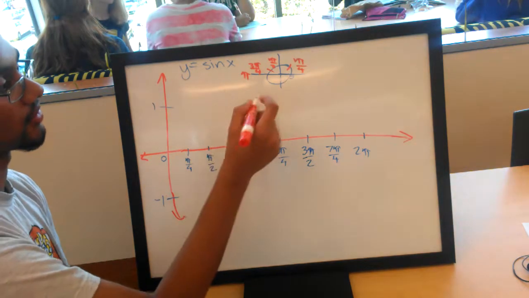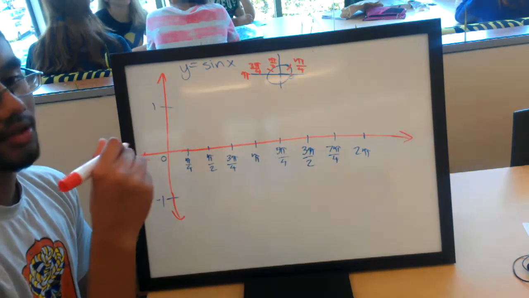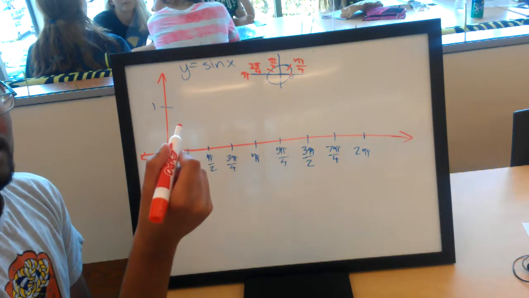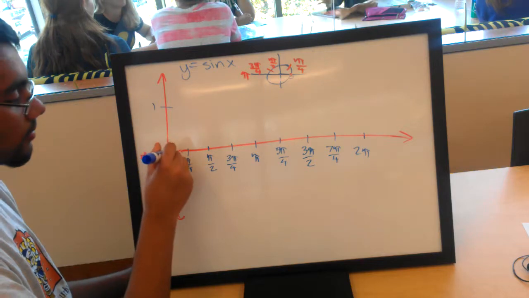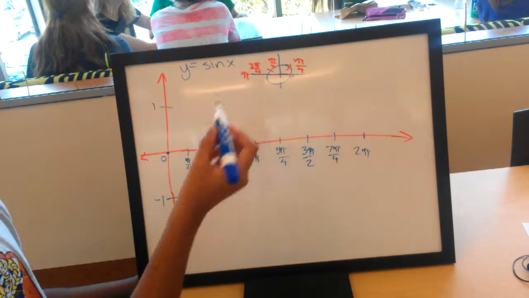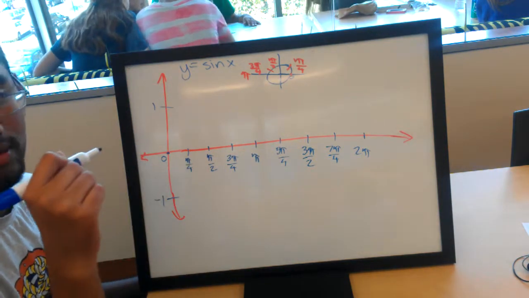Well, for 0, if the angle is 0, the point is right here. And so the sine of 0 would be the y value of that point, which is 0. So that over here. And what about for pi over 4? What is the y value at that point?